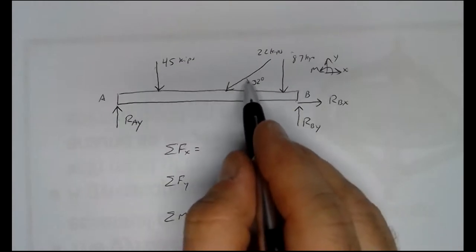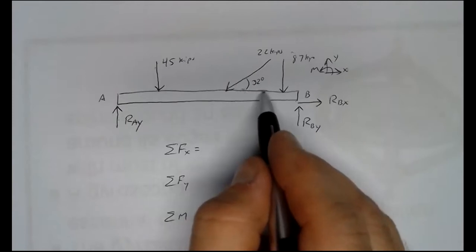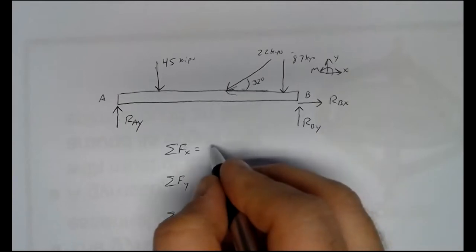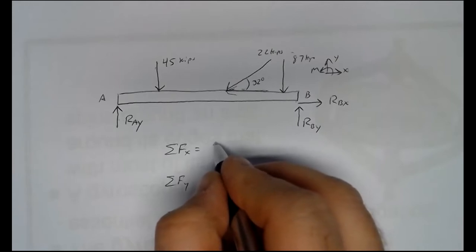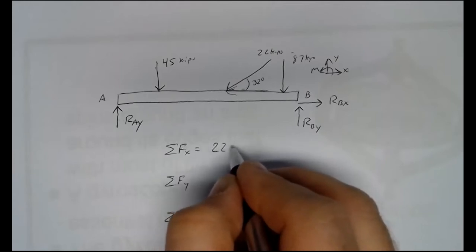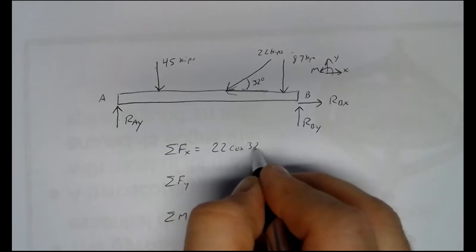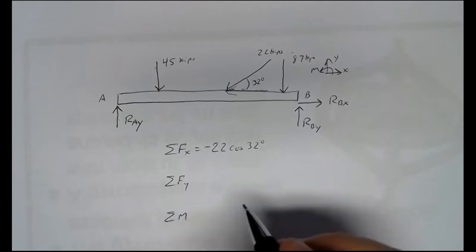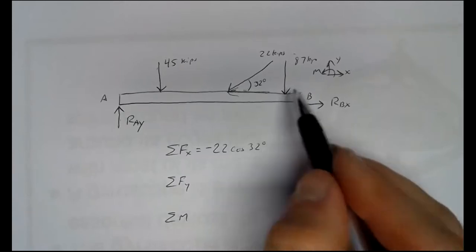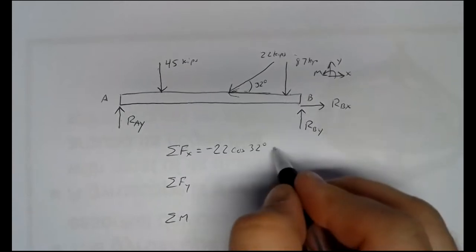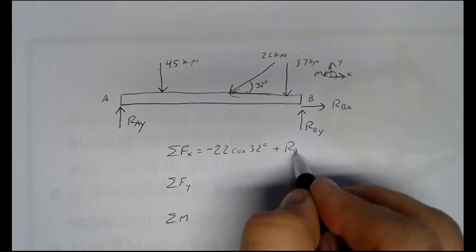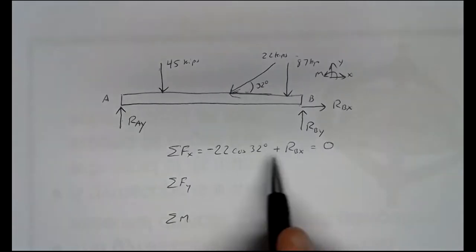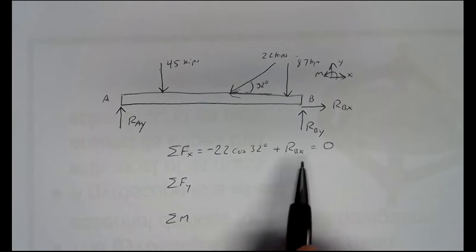We're going to pick up a piece of this 22 kips force, the horizontal piece or the adjacent piece to that angle. So that's going to be cosine. Adjacent goes with cosine. So 22 cosine 32 degrees. And it's to the left, so it'd be negative. Nothing from the 87, but all of that RBX. So that equation will pretty clearly give us our value for RBX.